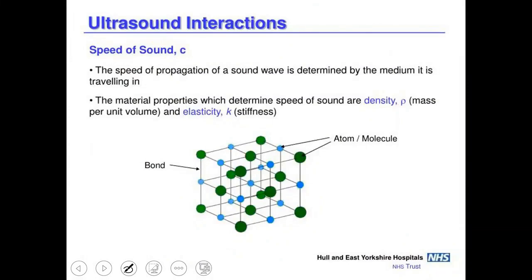When we talk about the speed of sound waves, what is it essentially determined based on? The medium in particular. What is this medium? It consists of bonds that exist between these atoms.